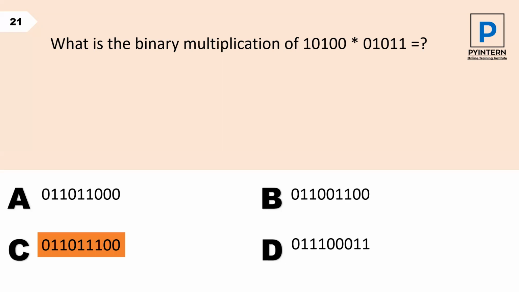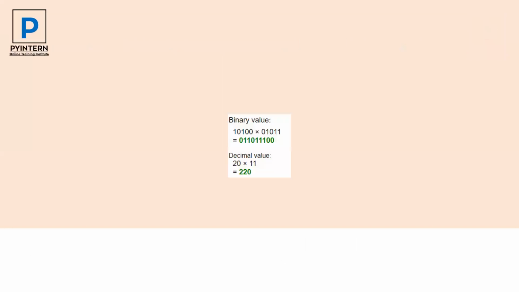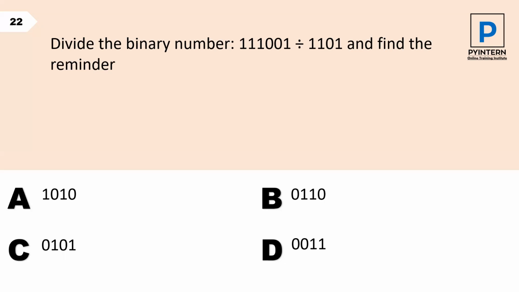So here, 5 plus 5 minus 1, total 9. Here we did it with the help of converting into decimal form, then multiplying, then converting back into binary form, rather than the traditional method. Come to the next question.